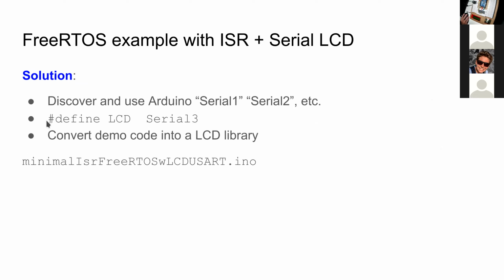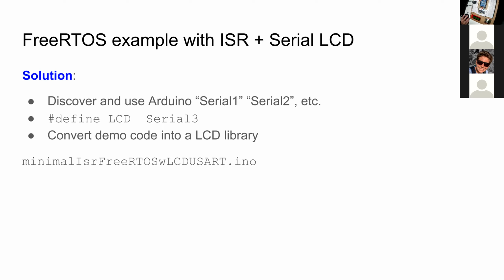So what I'm doing is defining the LCD display as Serial3, and I found some demo code from Adafruit that I took the loop and setup out of and made into a library and renamed so that I can use all their functions.